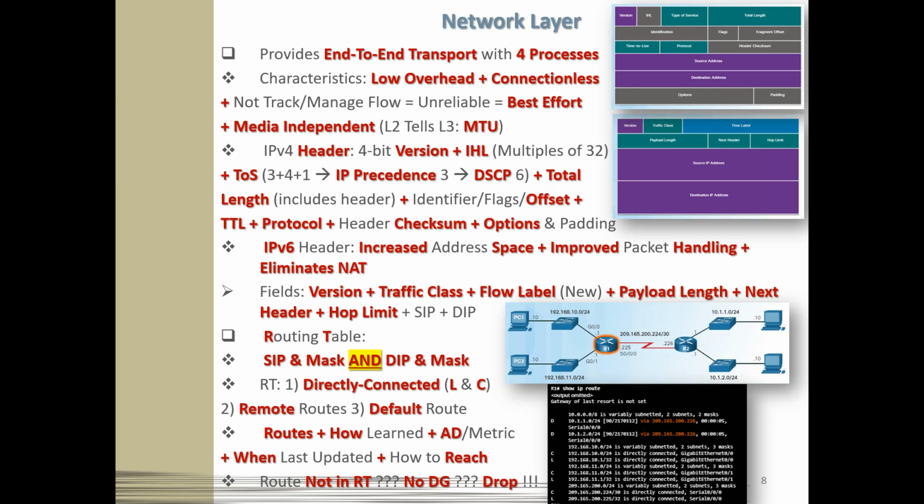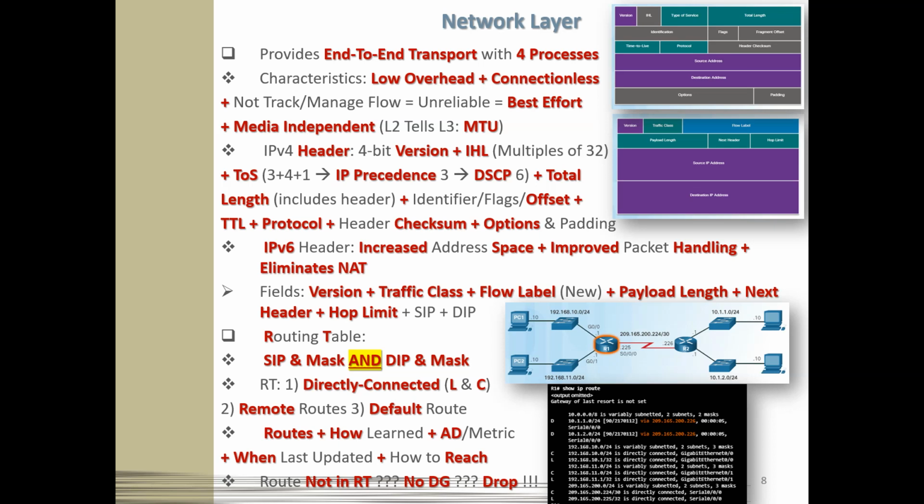So there is no tracking feature for flows, no managing feature for packet flows, and that's why we call it unreliable protocol. It's just best effort delivery, and that's it.